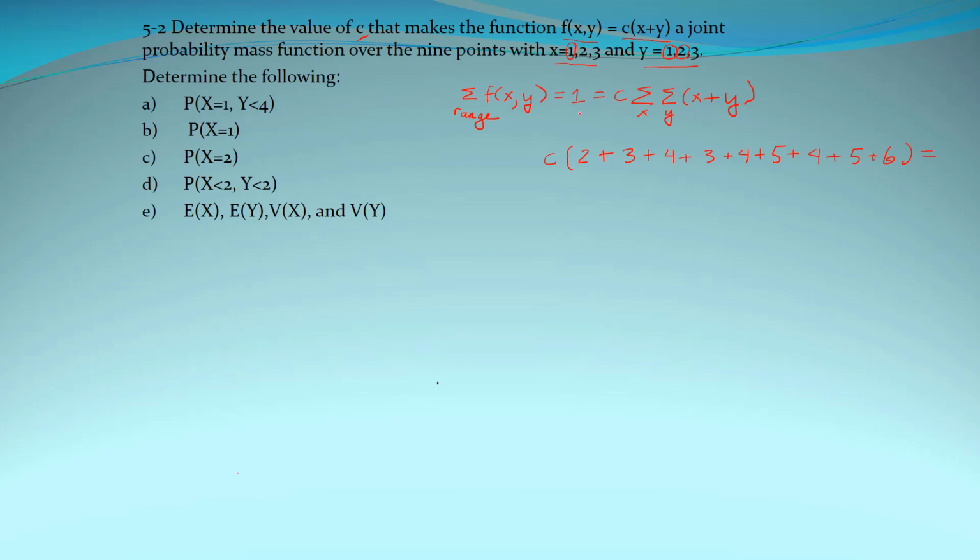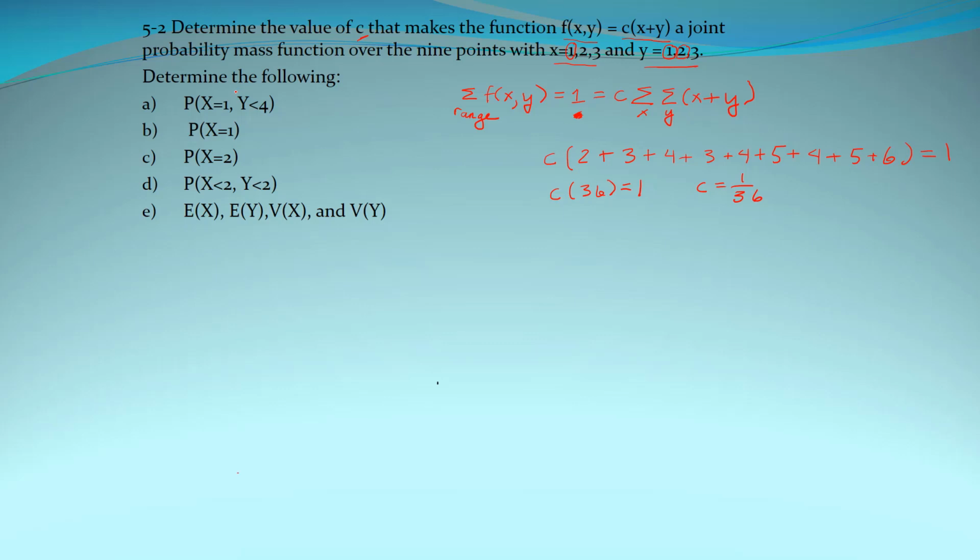All of that has got to be equal to 1. If we sum everything up, we find that c times 36 is equal to 1. In other words, c is equal to 1 over 36. Aha! This is a good thing.